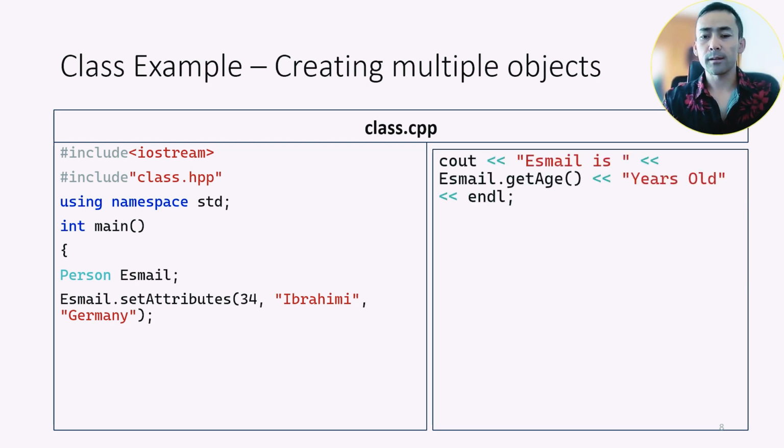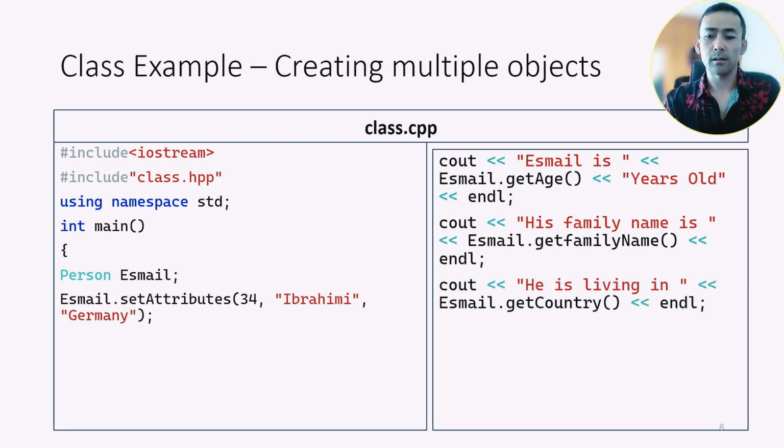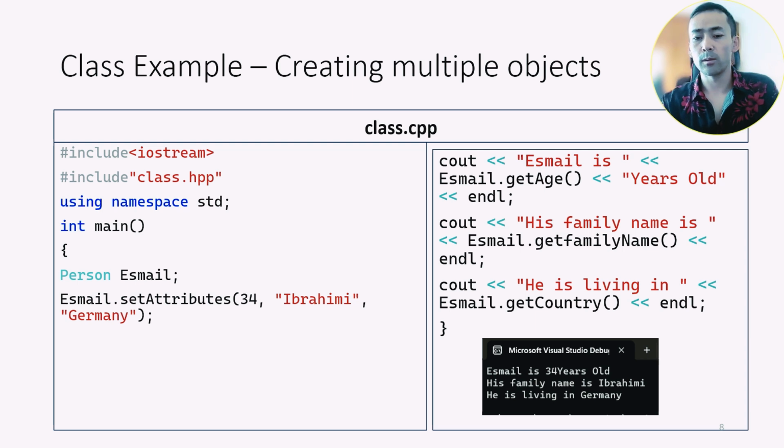And easily we can write that Ismail is Ismail.getAge years old in line, as similarly his family name is Ismail.getFamilyName, and he is living in Ismail.country inline. And after running the code successfully, we can find the attributes of Ismail, where he is 34 years old and he lives in Germany, and the family name is Ibrahimi.